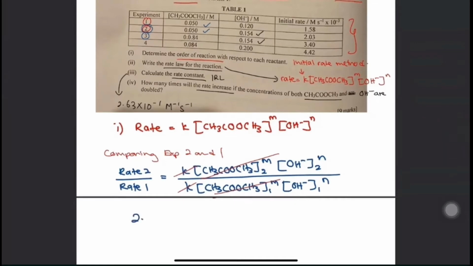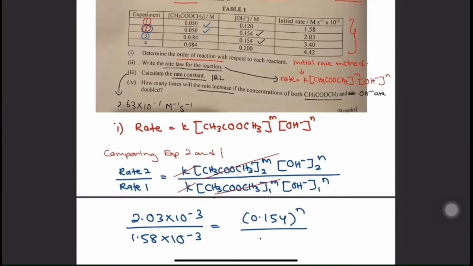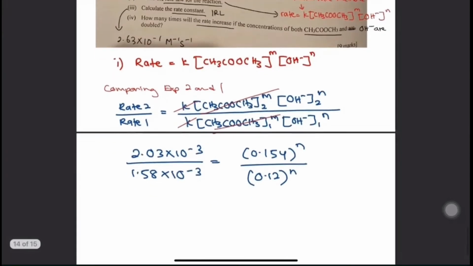These are the common mistakes because you are rushing in exams, but still keep your eyes open and substitute in the correct values. Equals 0.154 to the power of n divided by 0.12 to the power of n. So can you solve this for me, please? What is on the left-hand side?